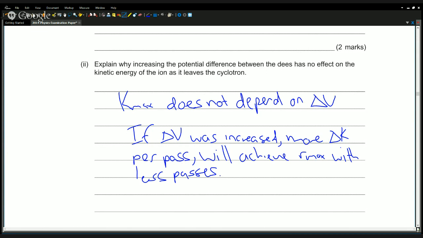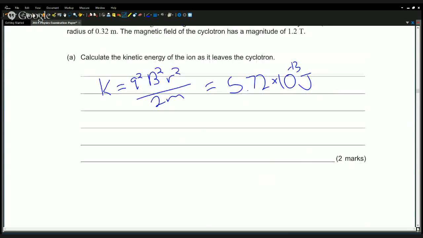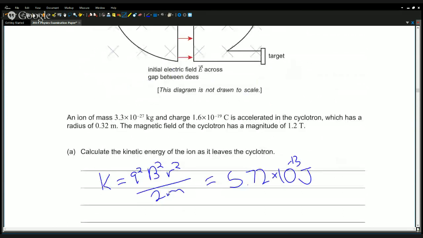If you look back at the formula, that's one of the major features. There's also B, and the rest of the things have to do with the particle you want to accelerate. You want to accelerate the particle for a particular reason, generally to make a radioisotope, so usually they're fixed. But your B, you might replace the magnets, make that stronger.